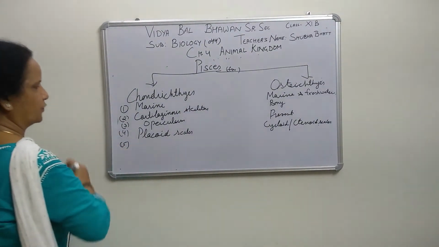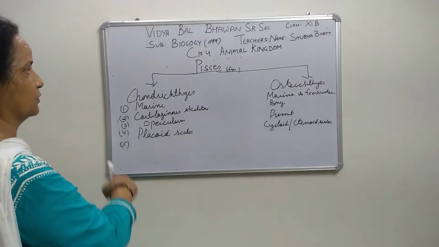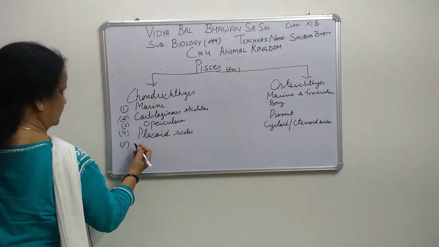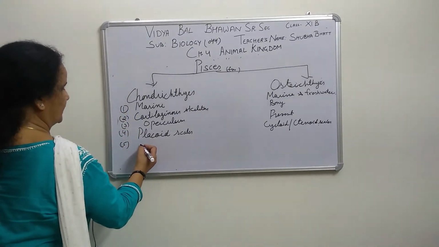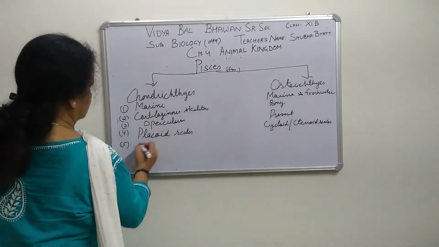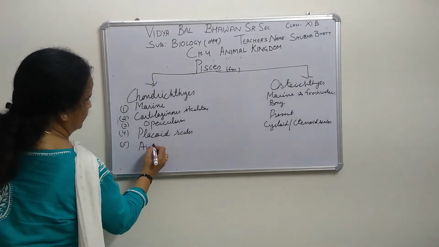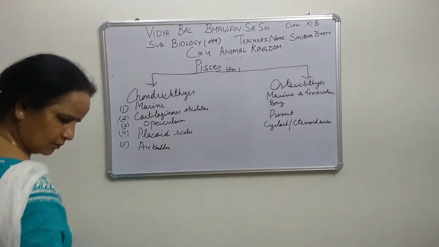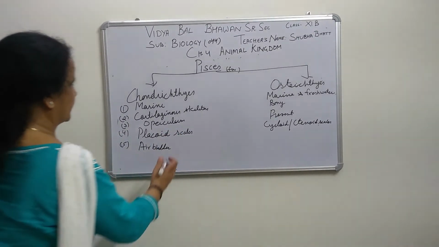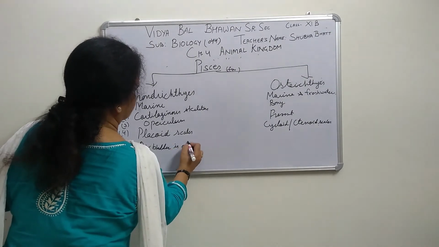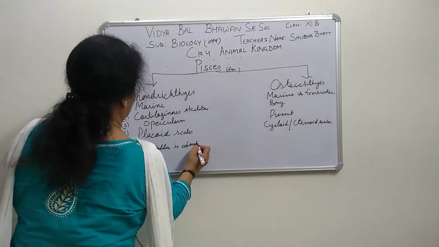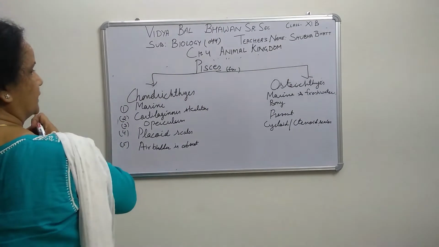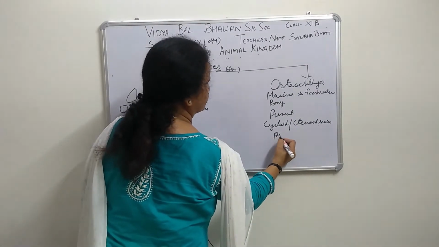Now when we talk about 5, here again one more interesting characteristic, that is air bladder. Air bladder is absent. Air bladder is absent. Here air bladder is present.